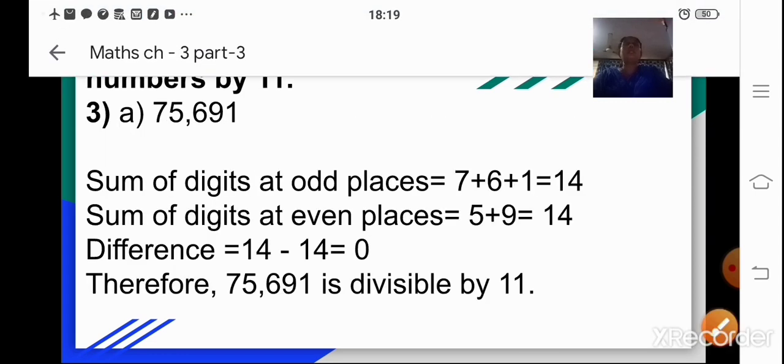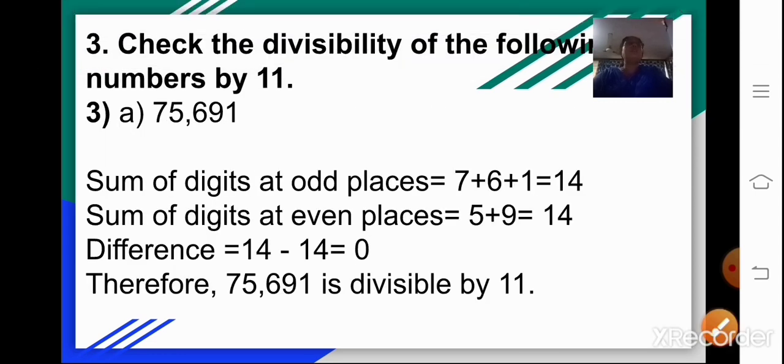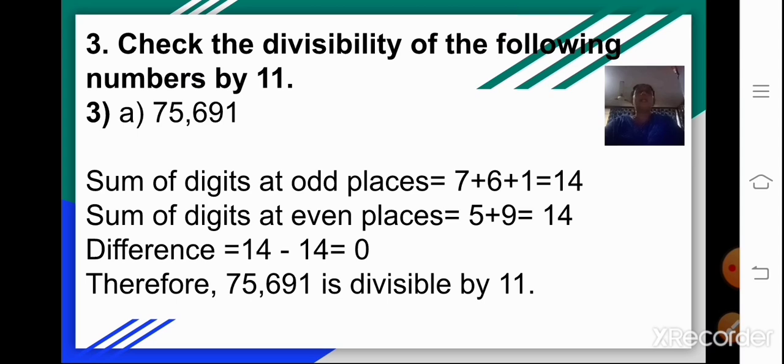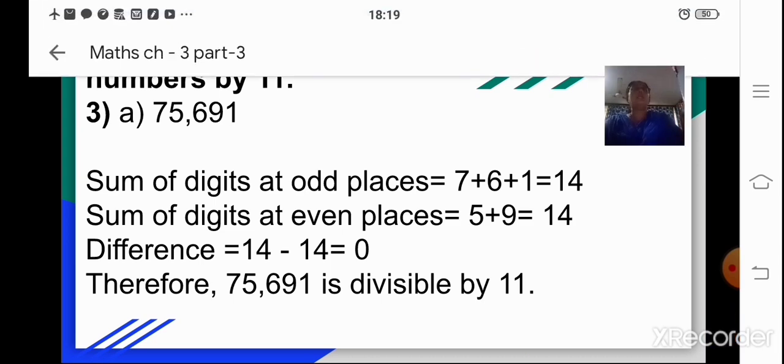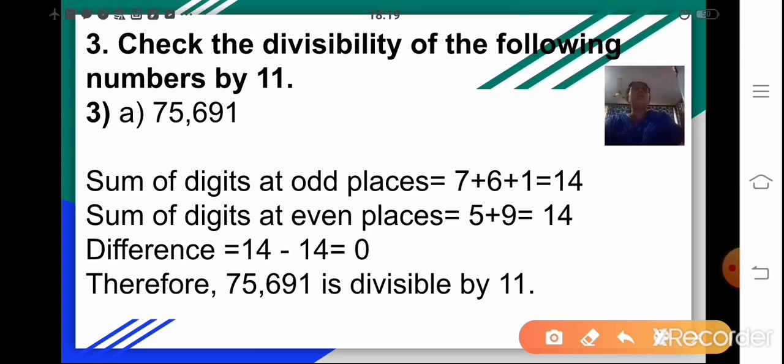Now coming to the next sum, check the divisibility of the following numbers by 11. Okay, now how to check it? Now here the number is 75,691. Now the sum of the digits at odd places, that is the number in the odd place 7, then in the third place it is 6, and in the fifth place it is 1.